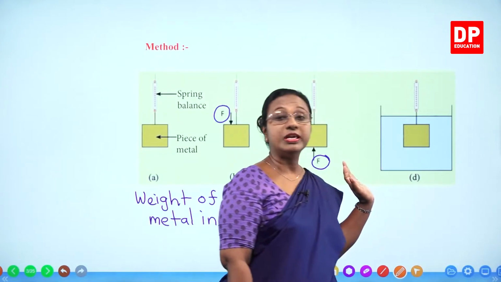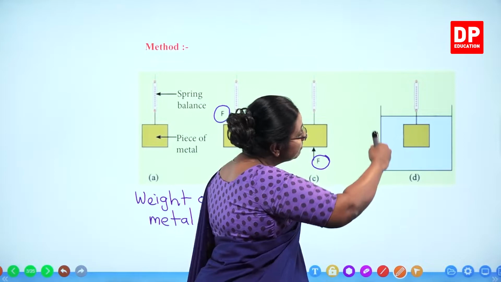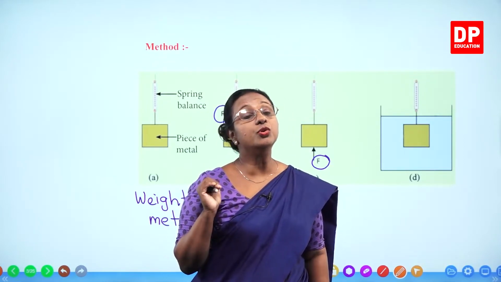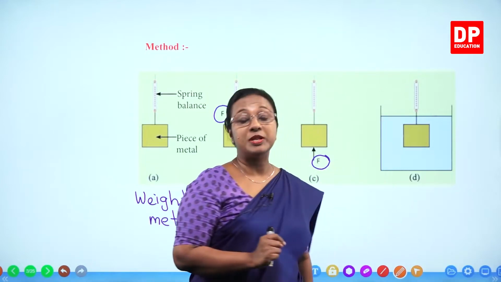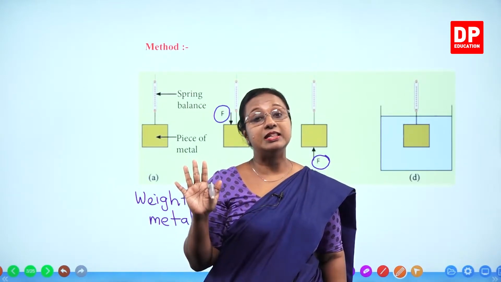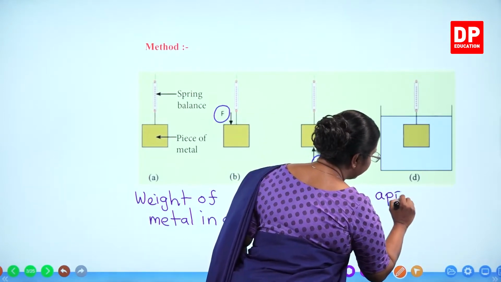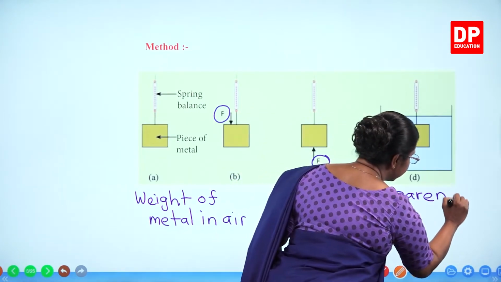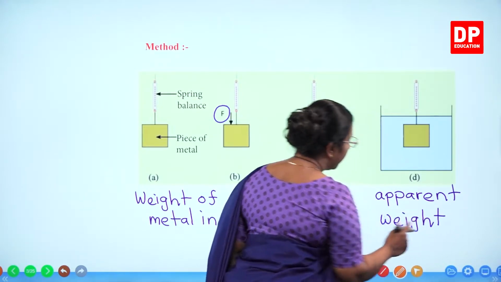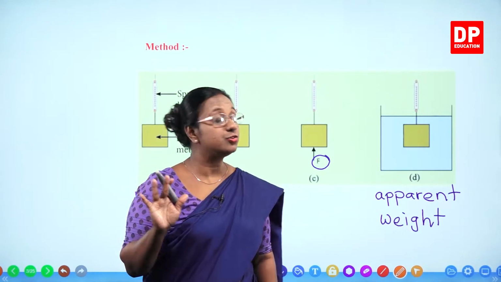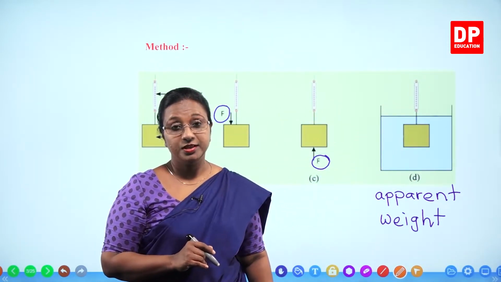What are we going to do here? You take a beaker containing water and immerse the object into the water while you are holding it attached to the spring balance. Then you get the reading. Here you see the apparent weight, what I told you about as apparent weight: the weight that appears to us when the object is immersed in water.